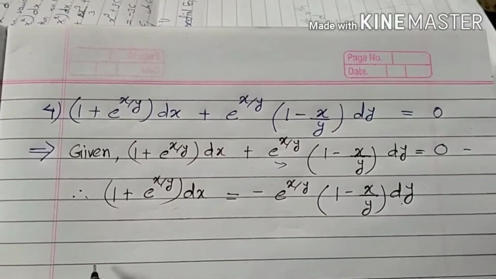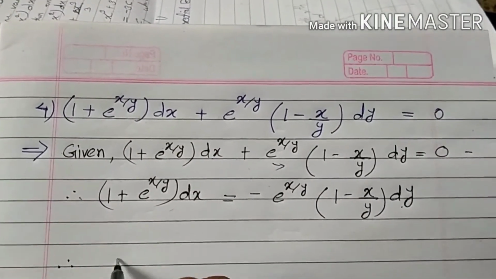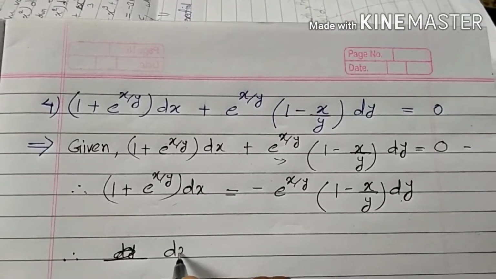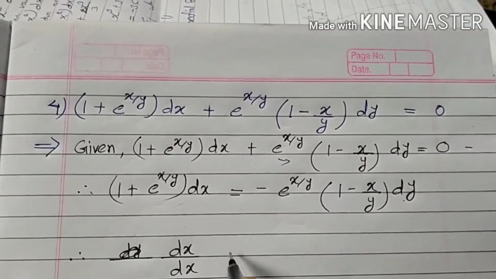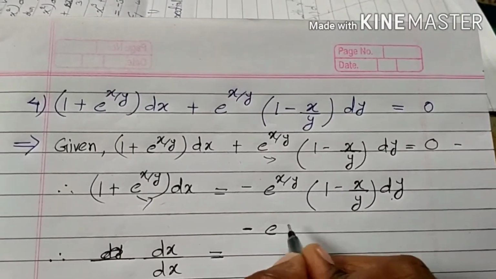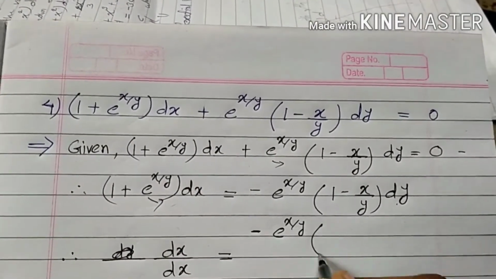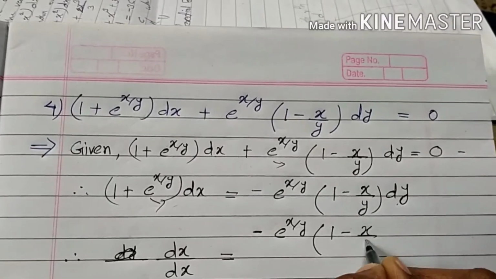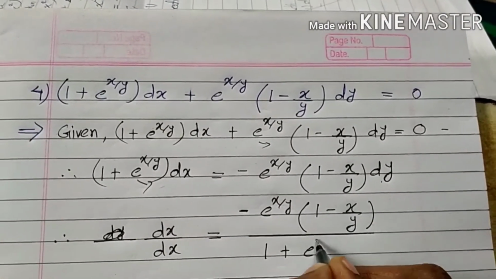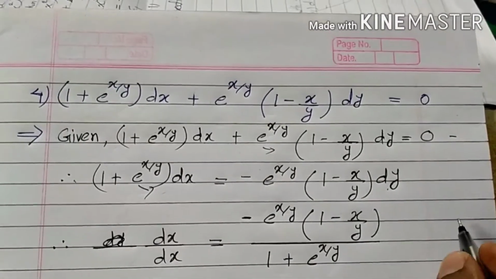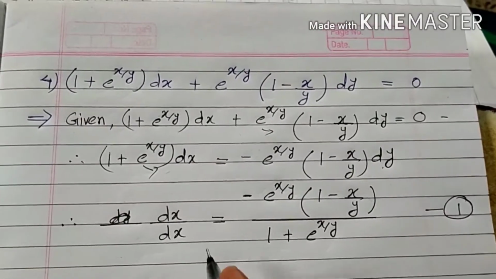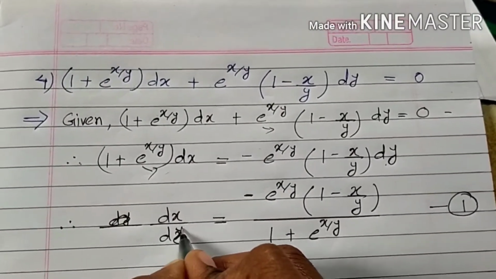Now take this dy. So therefore dx upon dy is equal to minus e raised to x upon y (1 minus x upon y) upon (1 plus e raised to x upon y). Give it equation first. Sorry, here it is dy.